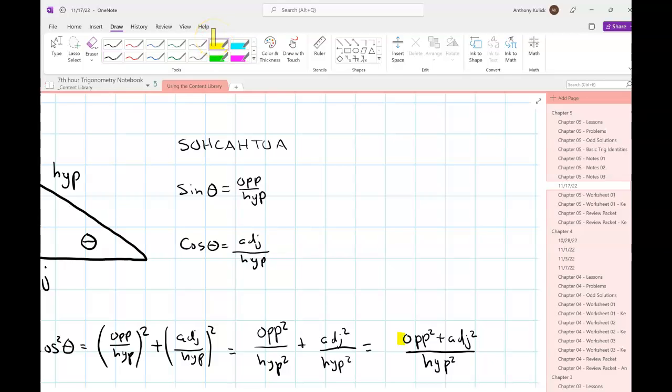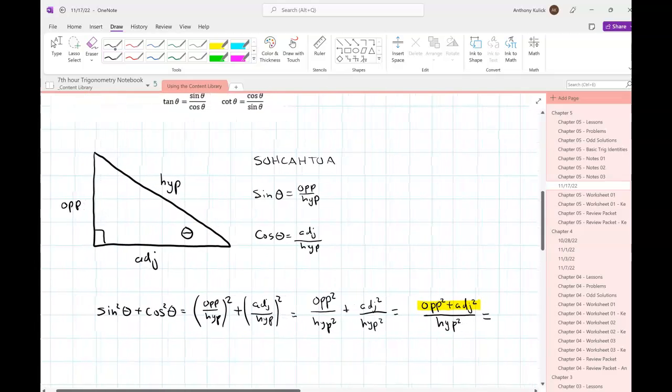What's opposite squared plus adjacent squared have to be? What's that have to equal? Go back to our picture. What is opposite?